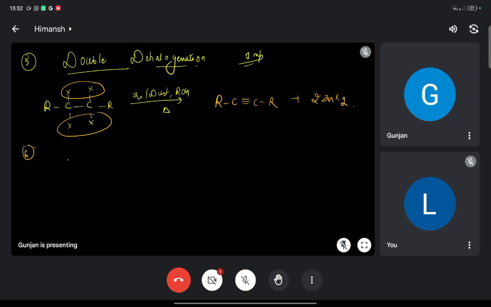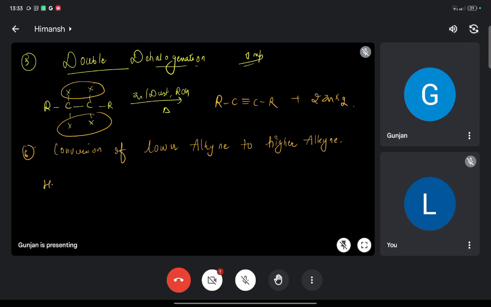Now, another reaction is lower alkyne conversion to higher alkyne. So how to do that?